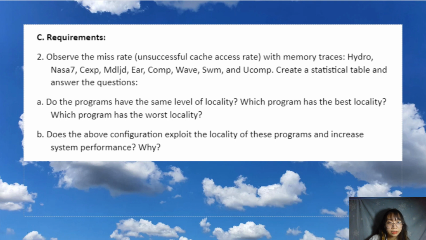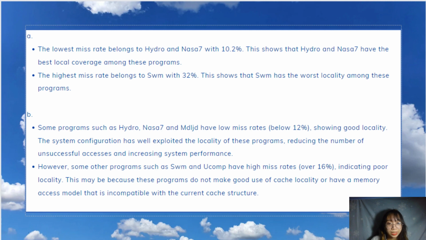And the second question is, do the above configurations exploit the locality of these programs and increase the system performance, and why? Well, the answer is some programs such as Hydro and LGD have a low miss rate below 22%, showing good locality, so the system configuration has well exploited the locality of these programs, reducing the number of unsuccessful accesses and increasing the system performance.